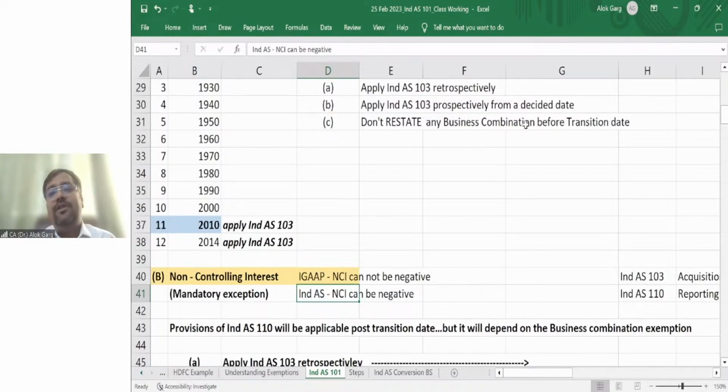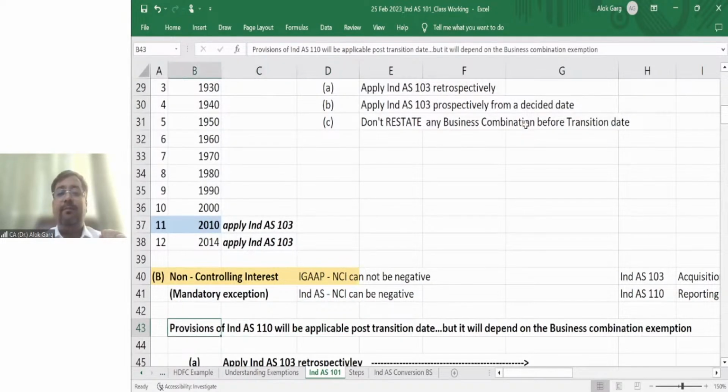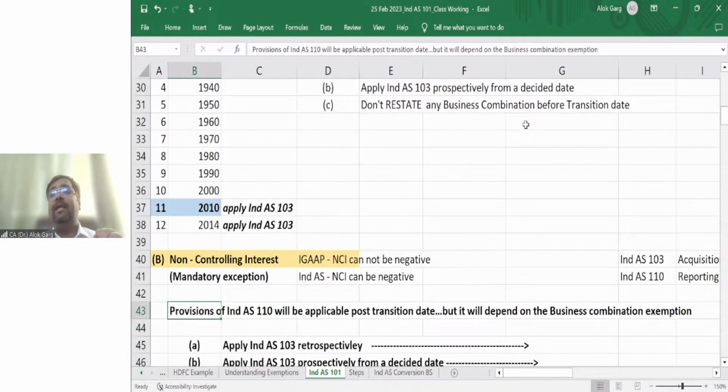So Ind AS 101 says that the provision of Ind AS 110 will be applicable post transition date. It simply says that whenever you are doing Ind AS transition, the provision of Ind AS 110 will be prospective. Means you have to apply the consolidation related requirement as per Ind AS 110 from the transition date, means after the transition date.